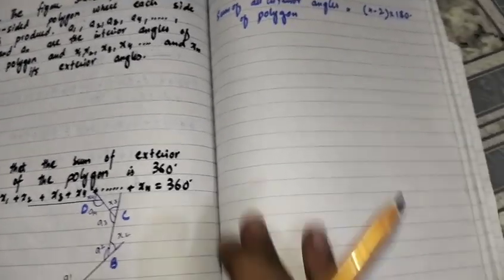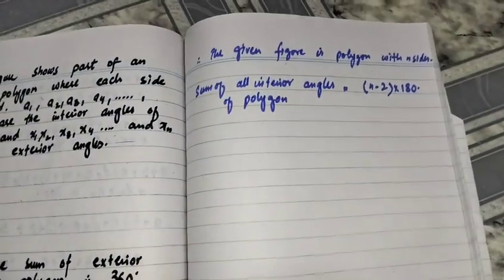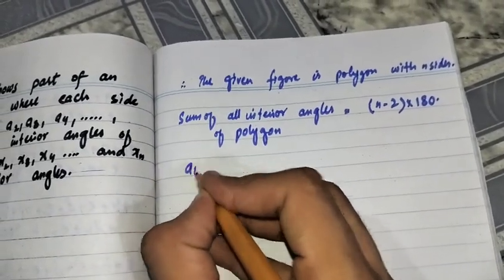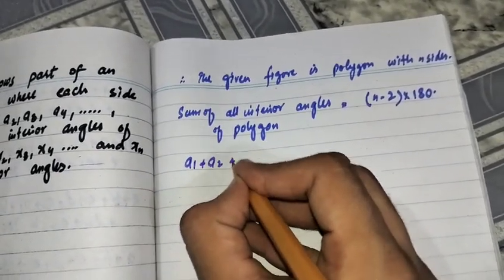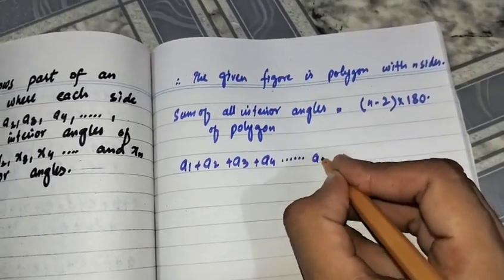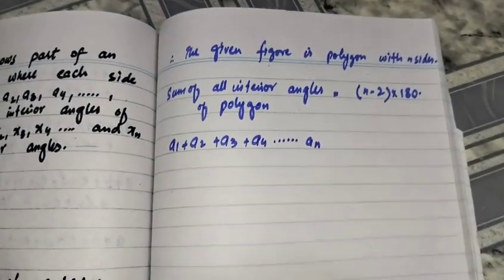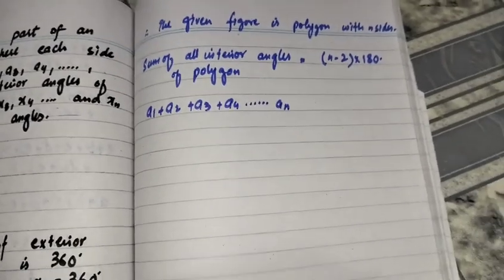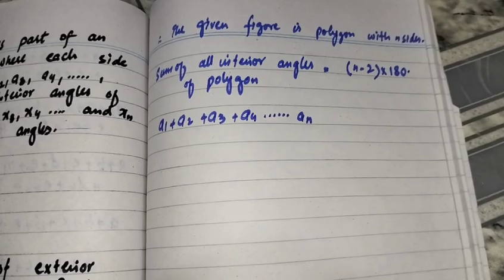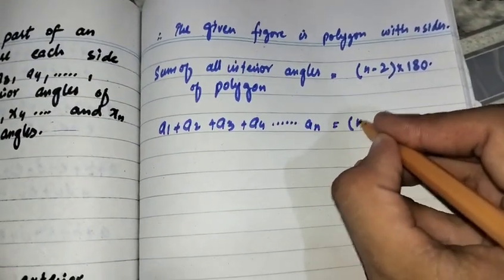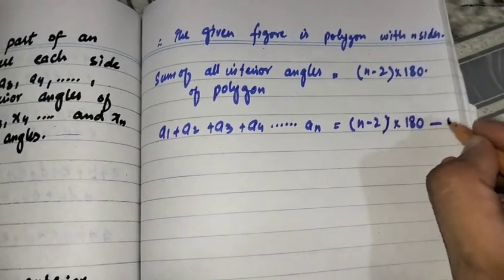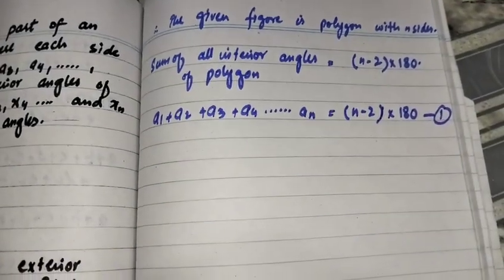It depends upon the value of n, how many sides the polygon has. So the interior angles are a1, a2, a3, a4 to an, and the sum of the interior angles will be equal to n minus 2 into 180 degrees. This is equation number 1.